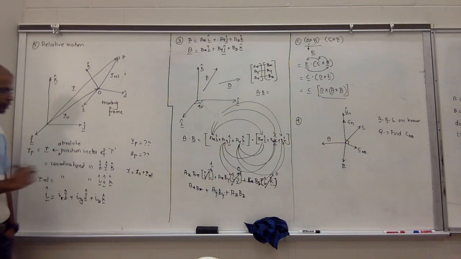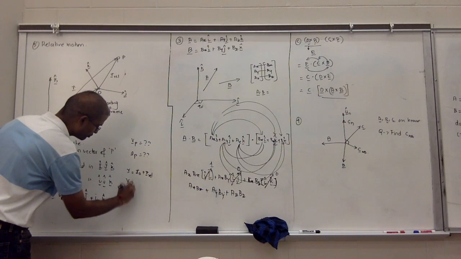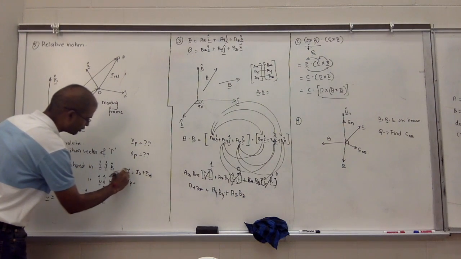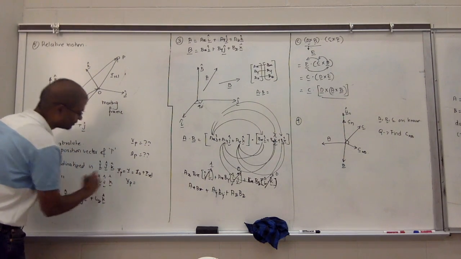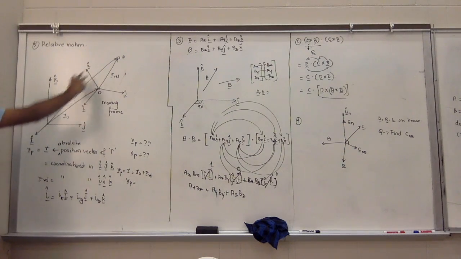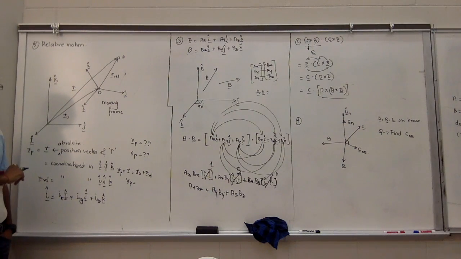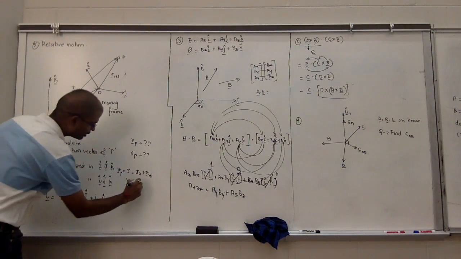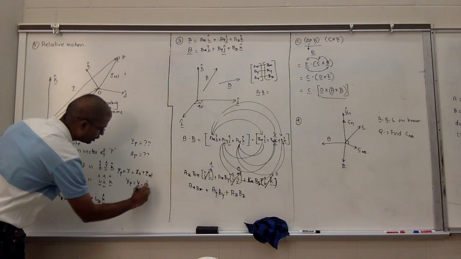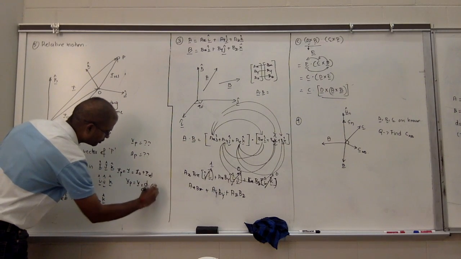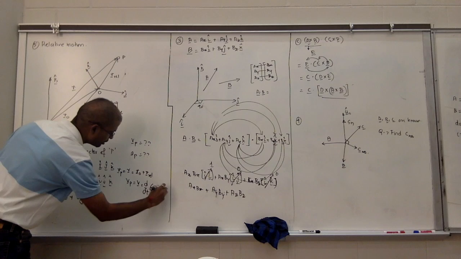Now you are going to find what is VP? VP is nothing but the derivative of RP. This R is nothing but the absolute position of particle P. V is similar. You just do d over dt of R naught plus R relative.